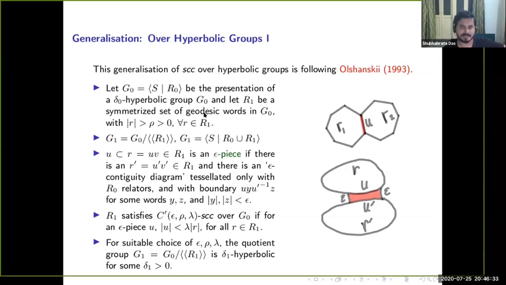In any way, if we have to define small cancellation, we first have to fix the notion of a piece, and then we have to say that a piece, whenever it appears in a relator, is small compared to the length of the relator.